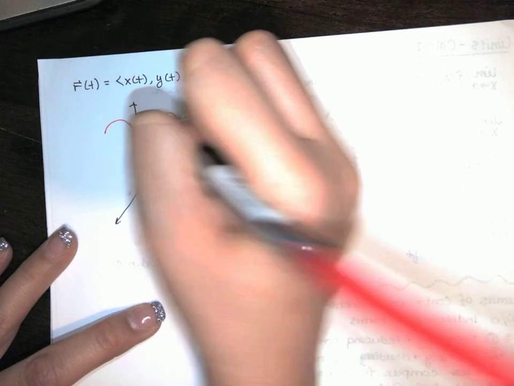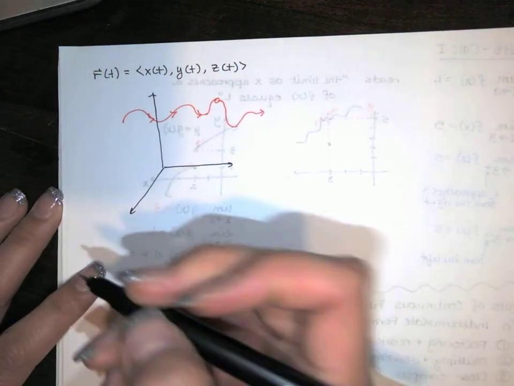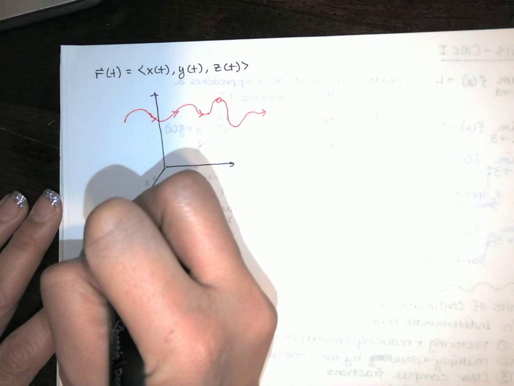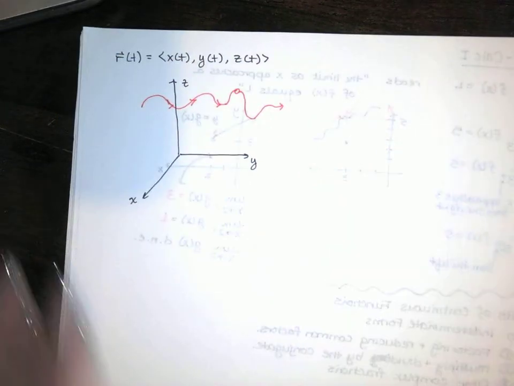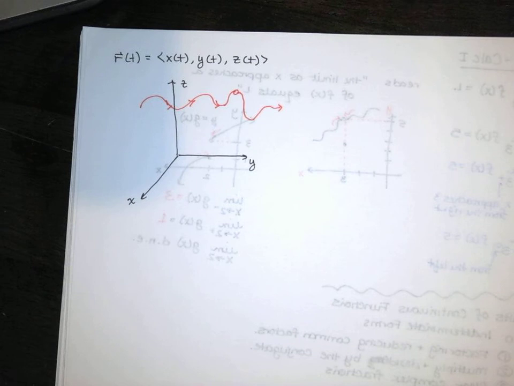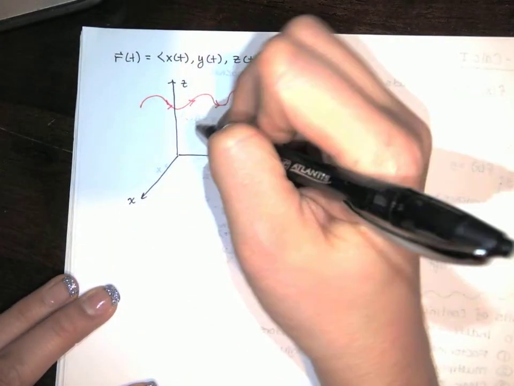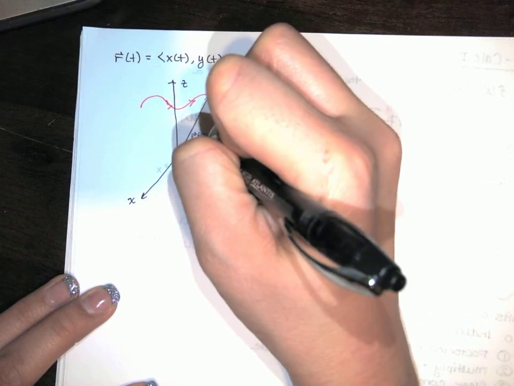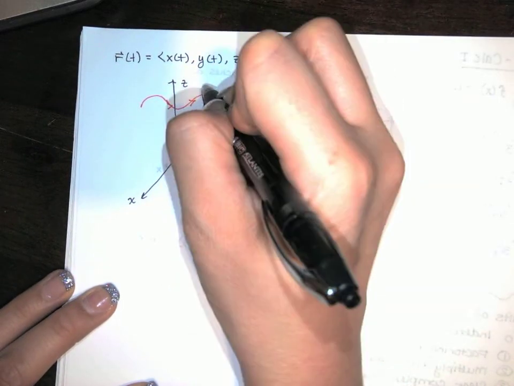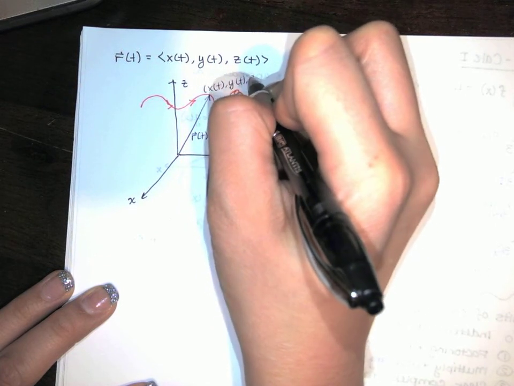As t increases, we're tracing out this curve. And r, again, is a pointer. r starts at the origin, and it says you are here at this location with coordinates x of t, y of t, and z of t.